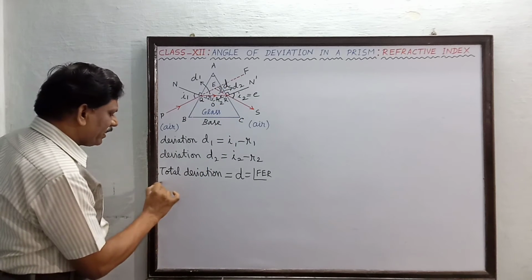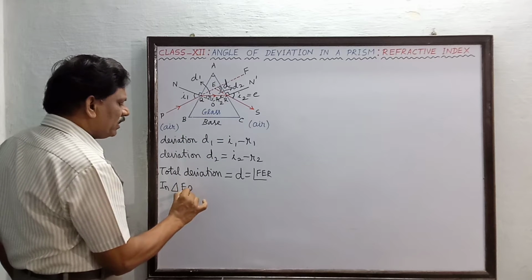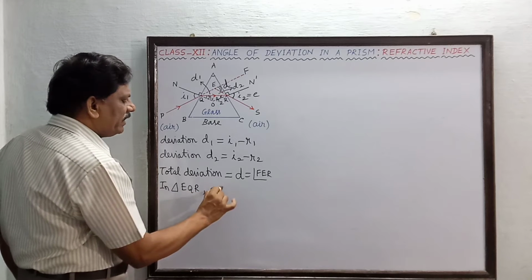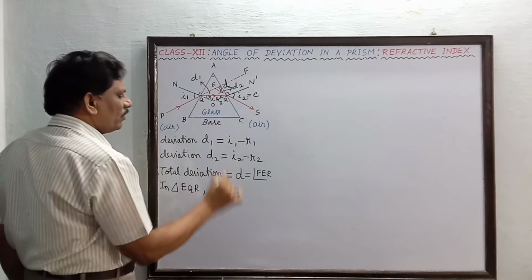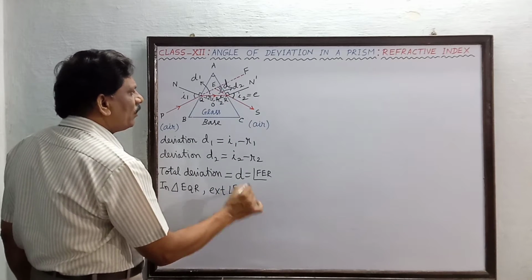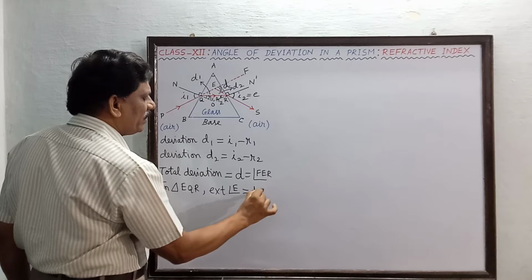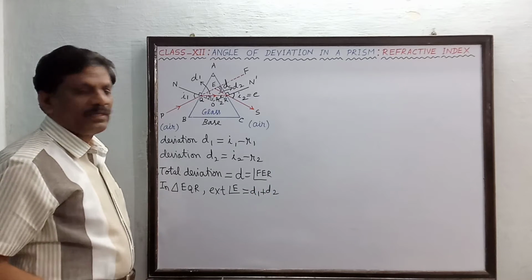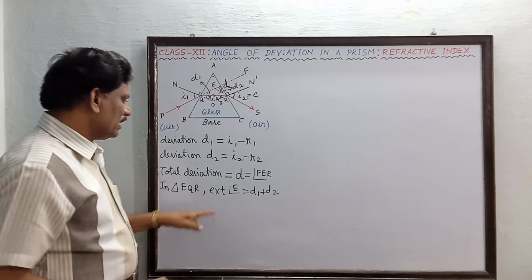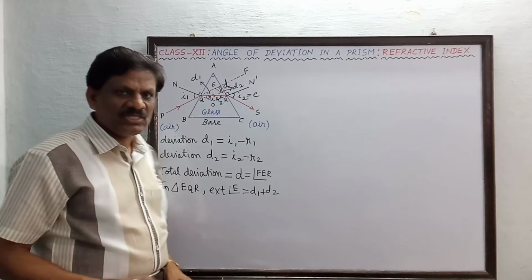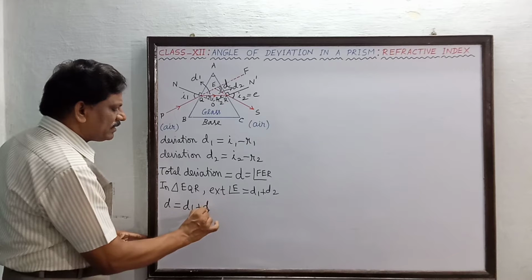I will write here separately: in triangle EQR, the exterior angle E is equal to the sum of the interior angles, that is D1 plus D2. So this exterior angle is the total deviation D, and it is equal to D1 plus D2. So D is now equal to D1 plus D2.